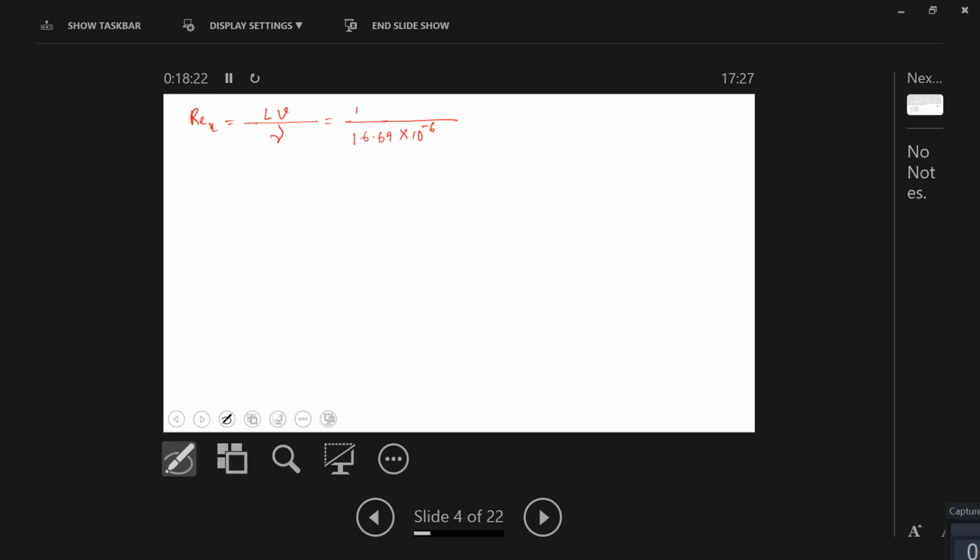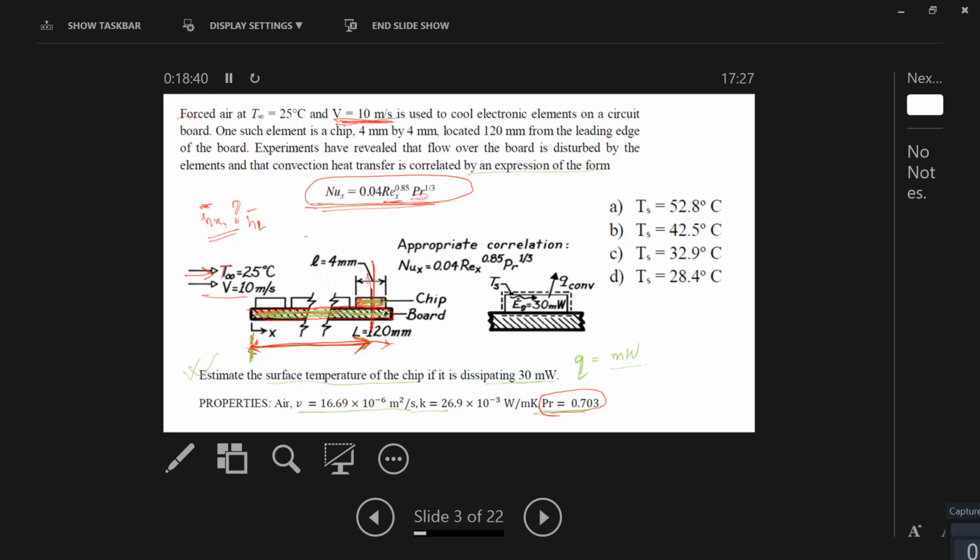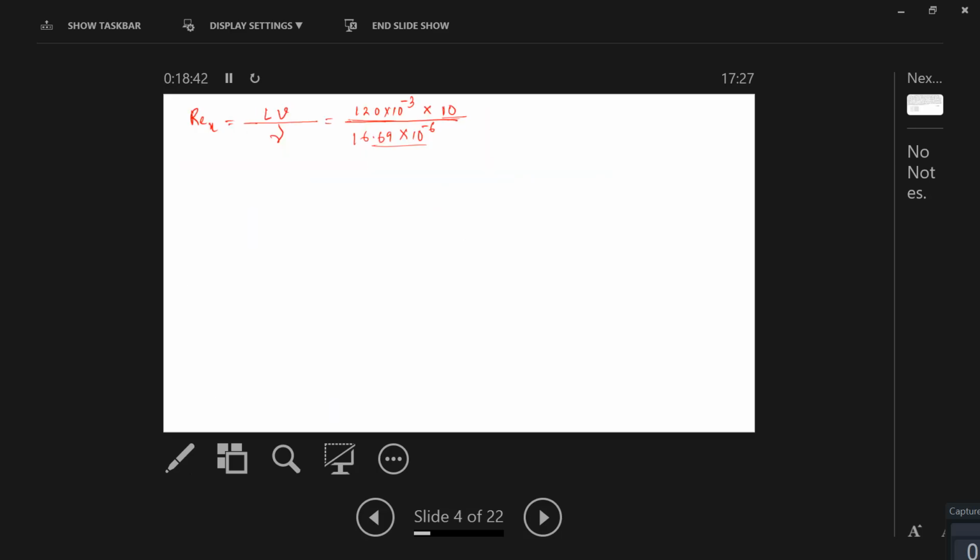So L is 120 into 10 to the power minus 3, and V is 10 meter per second. All these are in SI units. This was in millimeters, so I have converted into meter, 10 was meter per second, and this is meter square per second. So just calculate how much it will come.